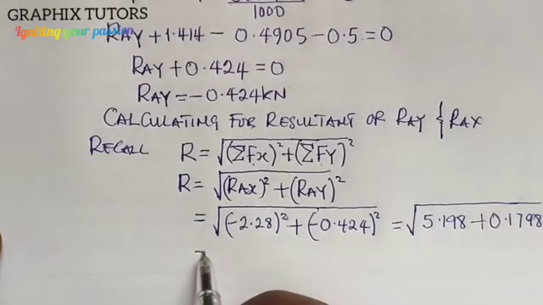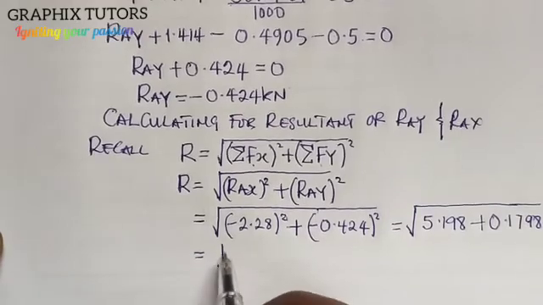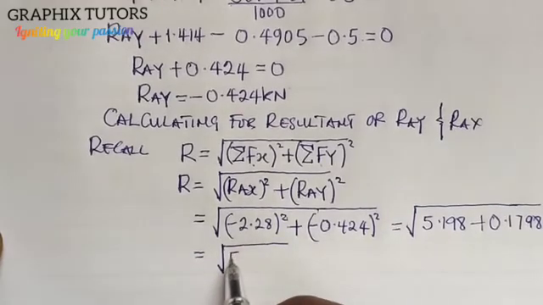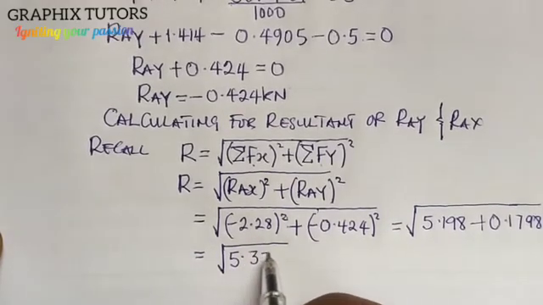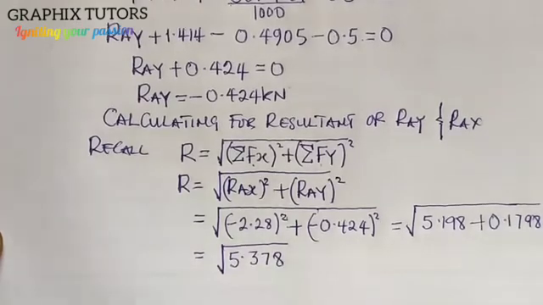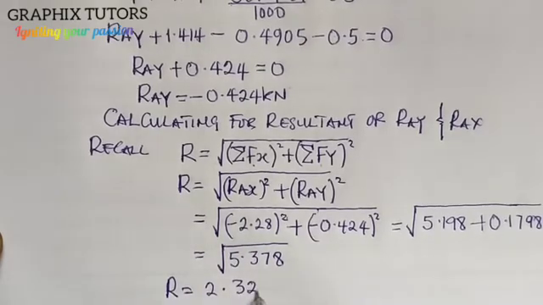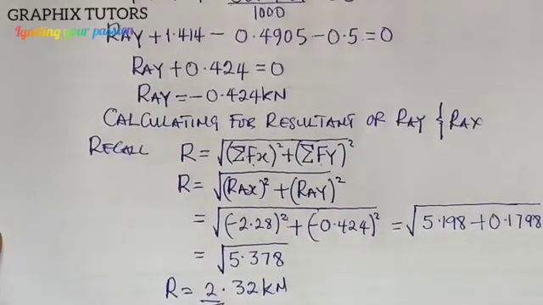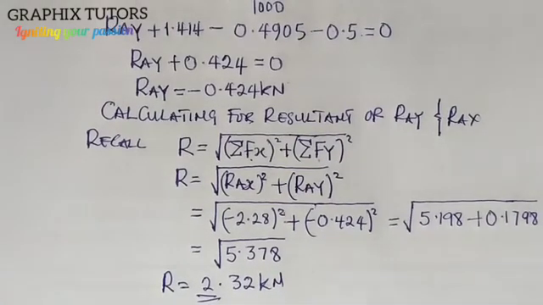So we see this will give us the square root of 5.378. Now if I press the square root of that value, my resultant R will be 2.32 kilonewton. That is the resultant of the reactions, right?